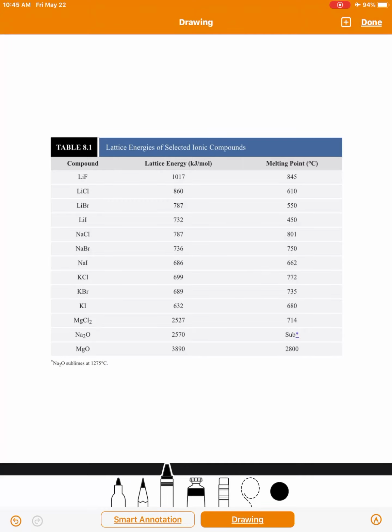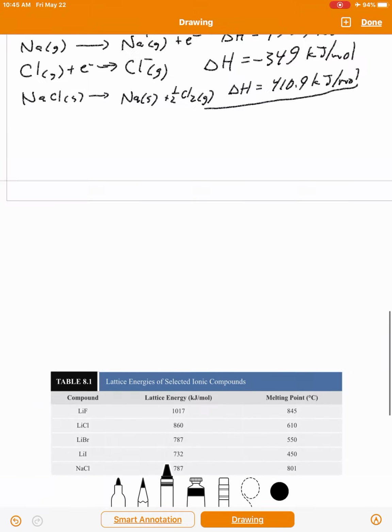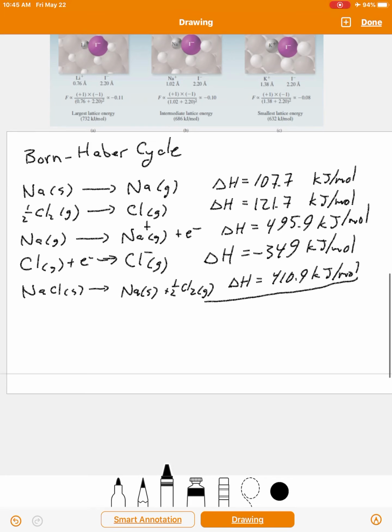Okay? Now, the lattice energy is positive, but I want to show you something called the Born-Haber Cycle. This is described in this section. The Born-Haber Cycle is a way to calculate the lattice energy. The lattice energy cannot be measured directly.